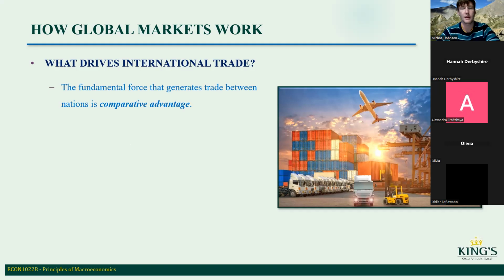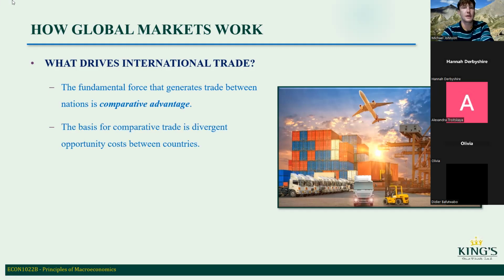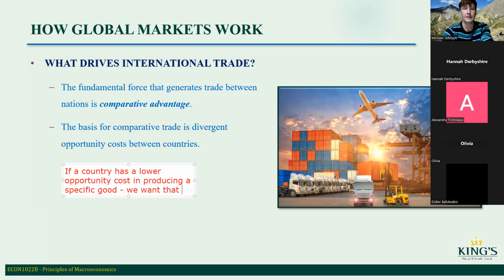Wants are a big one, and another reason is comparative advantage. If a country has a lower opportunity cost to produce something, it's best for them to produce it. So we want that country to specialize in producing that good because they have a comparative advantage.